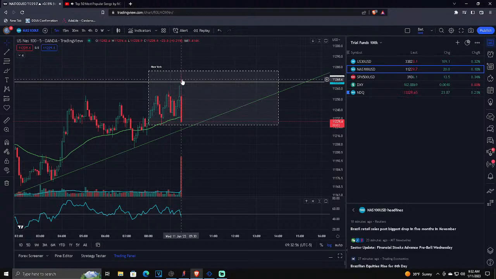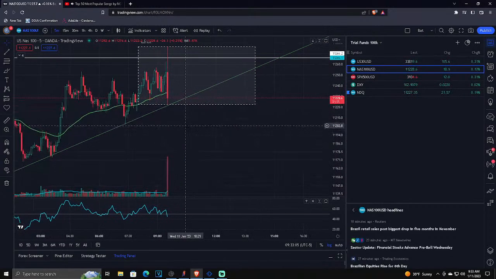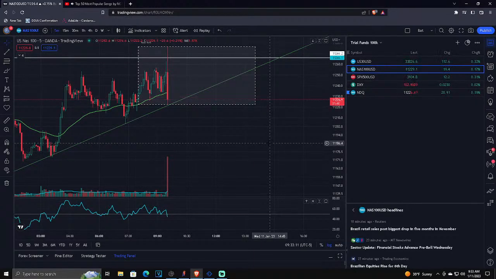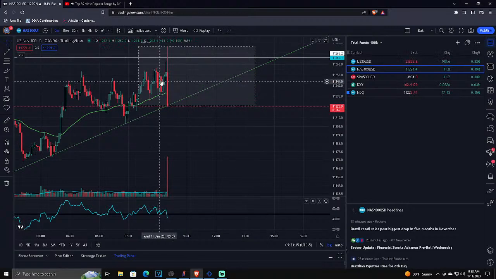But if you don't have that preset, you can get stopped out very quickly. Oof, oof. You may be shorting.